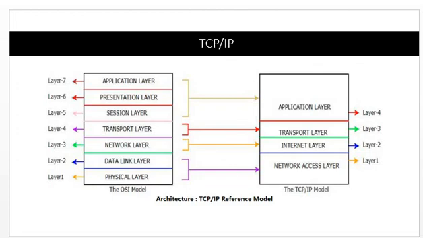So 2 layers of the OSI reference model, the physical and data link layer, are combined into one layer on the TCP/IP model.